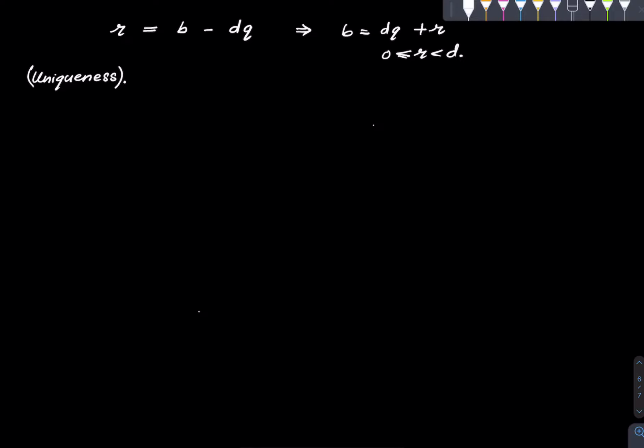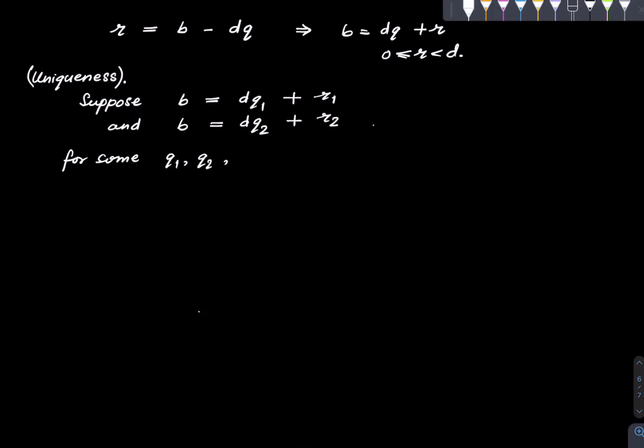So suppose B is equal to DQ1 plus R1 and B is equal to DQ2 plus R2, for some integers Q1 and Q2 and R1 and R2, with the condition that R1 and R2 are lying in this range.